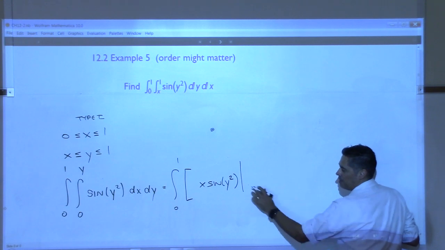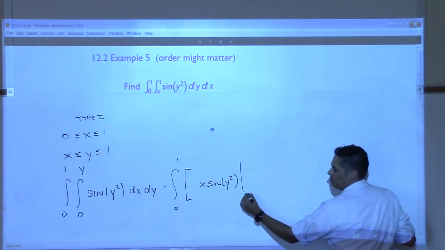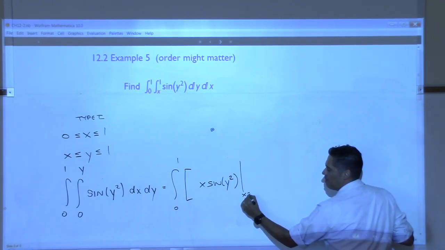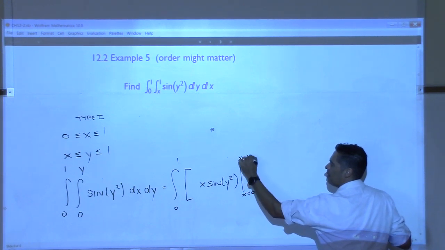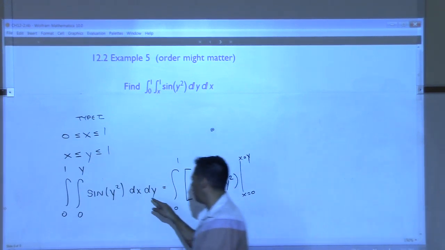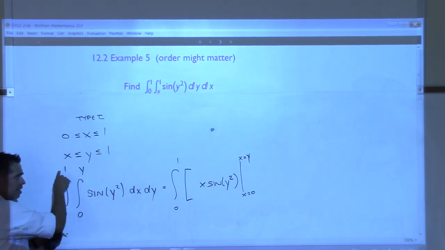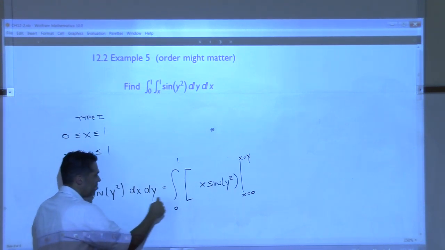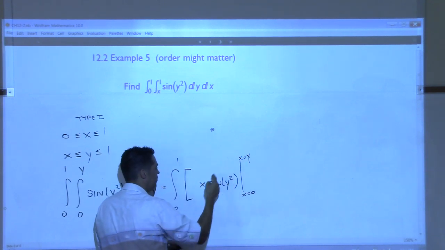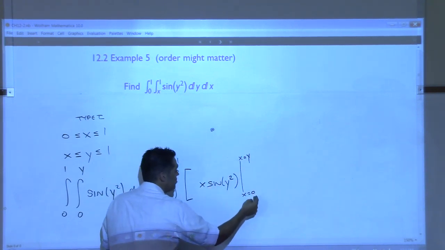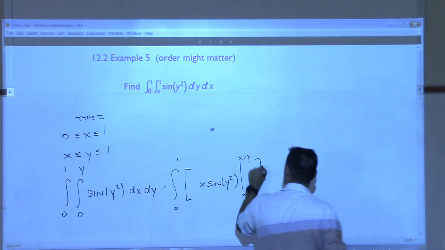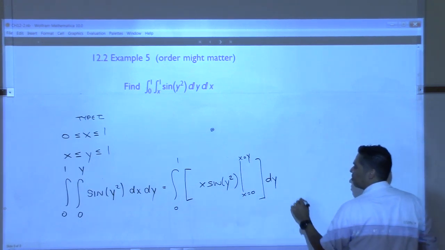At what equals what? X equals 0 up to x equals y. So remember, because our inner integral is with respect to x, these are our restrictions on x, these are our restrictions on y. So we're going to take the antiderivative with respect to x, then plug in y for x and 0 for x. And then when we're done, we'll integrate that with respect to y.